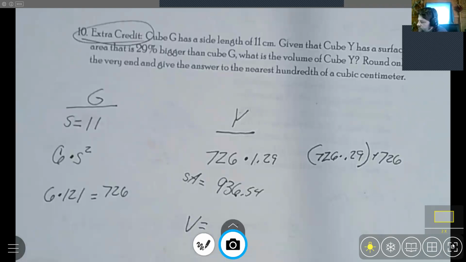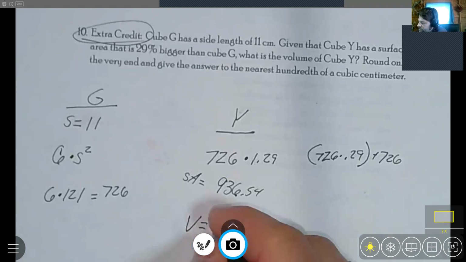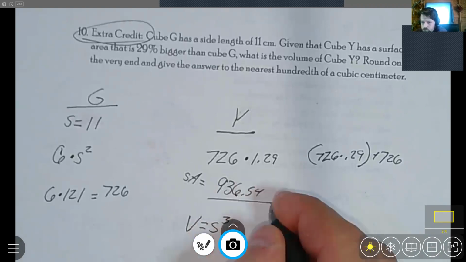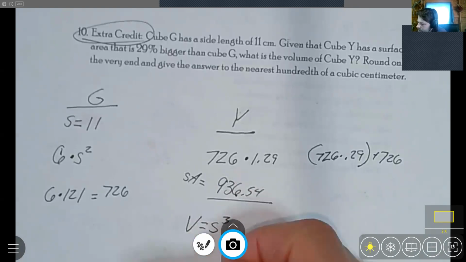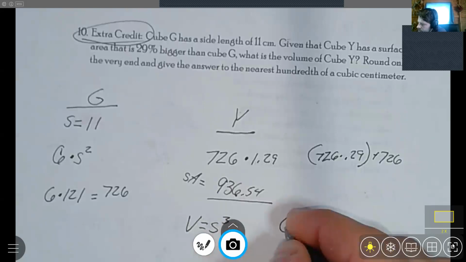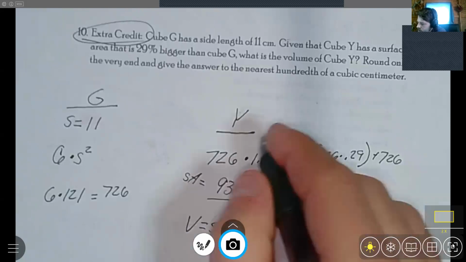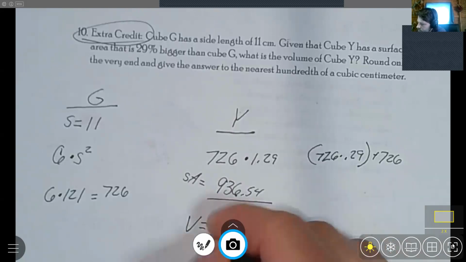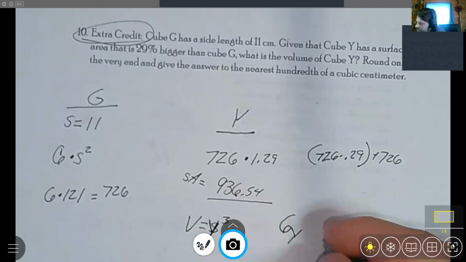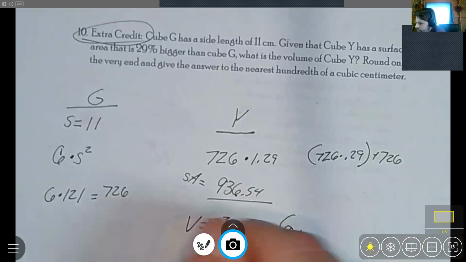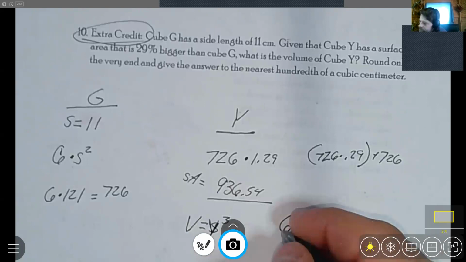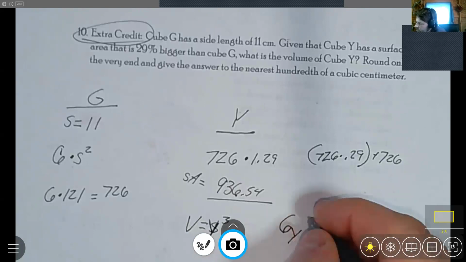So the volume formula is s cubed. So I got to figure out the length of a side here, working backwards from the surface area. So the surface area formula is 6s squared. I'll just say that the side length is y here, so then the volume would be y cubed, because I don't want to be confusing more than I already am. So 6y squared is the surface area.